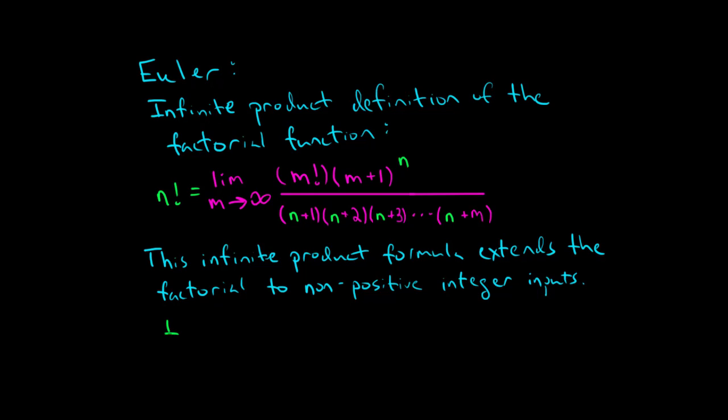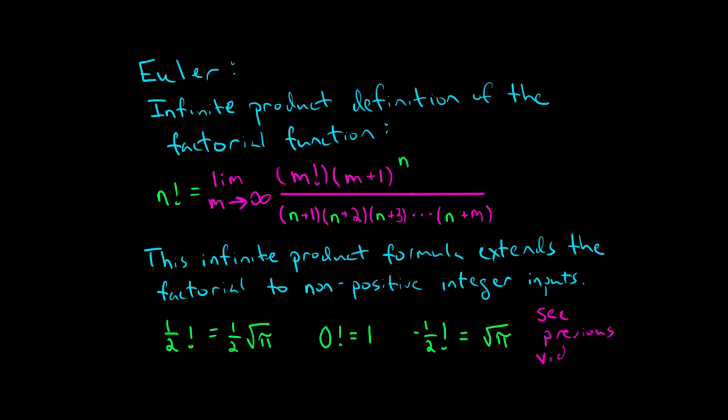And when we do that, we get some amazing results. We find that 1/2 factorial equals 1/2 times the square root of pi. Very cool. You'll have to watch my previous video to see how that's done. We find that 0 factorial actually equals 1. Negative factorials also are developed there, and so negative 1/2 factorial equals radical pi.